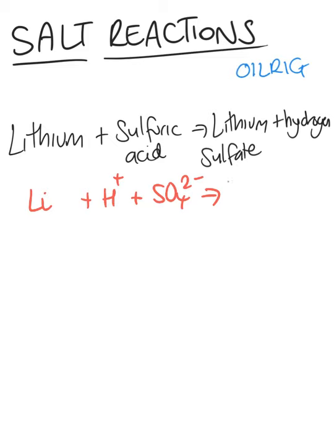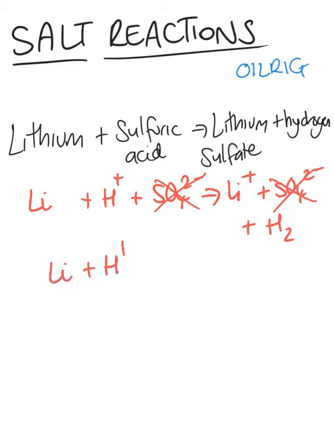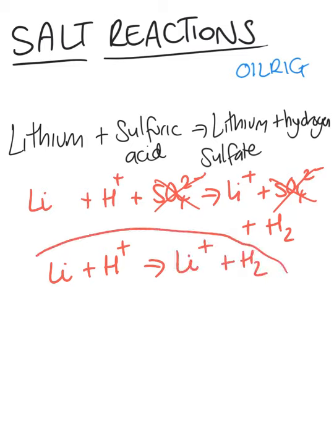Li+ SO4 2-, hydrogen is H2. Okay, we remove our spectator ions. Our ionic equation is Li + H+ arrow Li+ + H2. Okay, that is our ionic equation there.